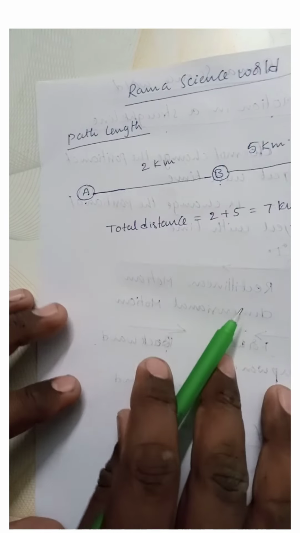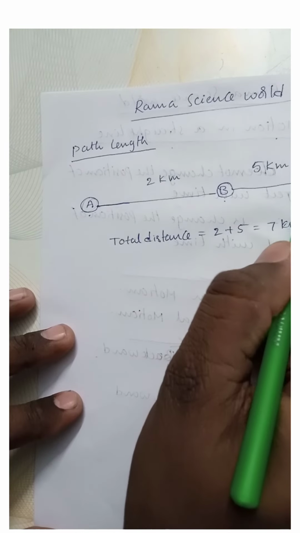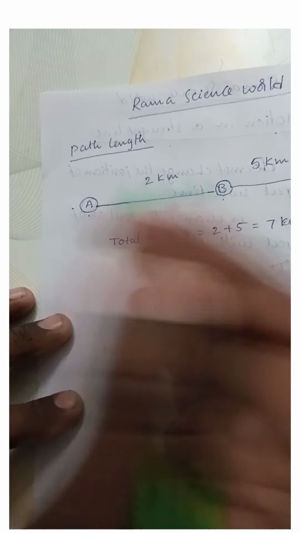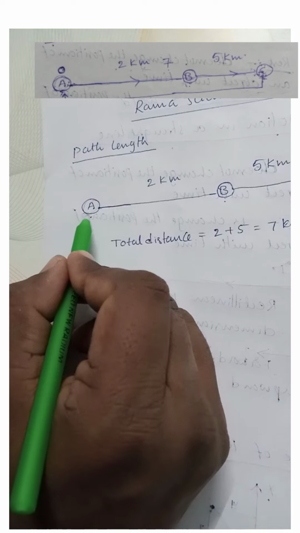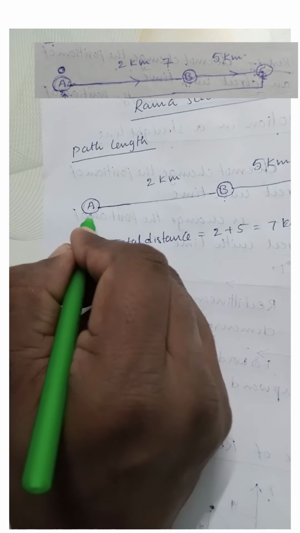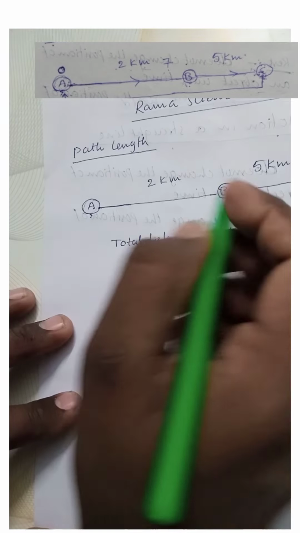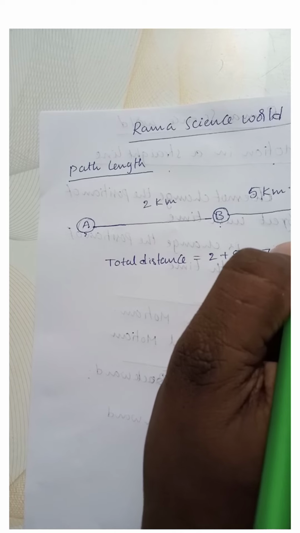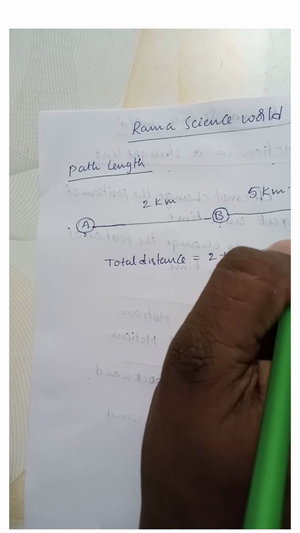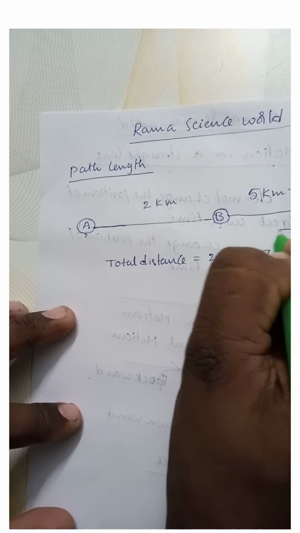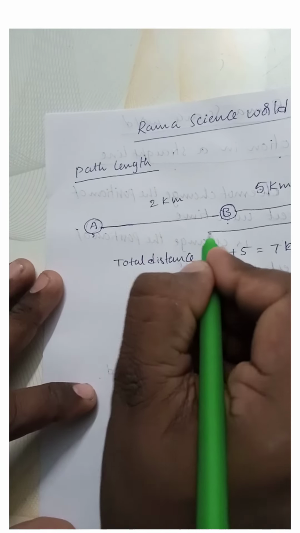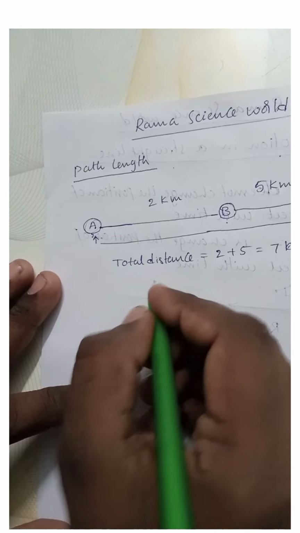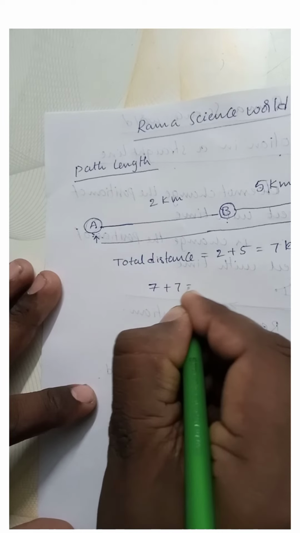Suppose this object takes the reverse direction, moving in the opposite direction. The person first starts the journey from A and ends at C, then moves in the backward direction and reaches point A. In this case the total journey is 7 plus 7, that is 14.